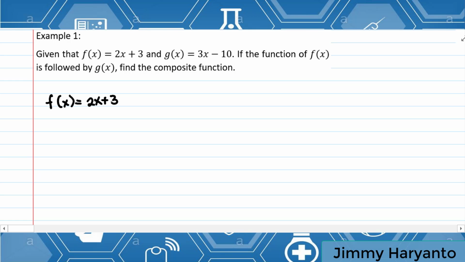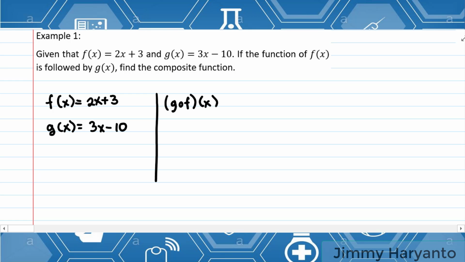This is the first function, and the second one is 3x minus 10. When f(x) is followed by g(x), you should write g∘f(x). So the order is the opposite: the first one is on the right side and the second one is on the left side.